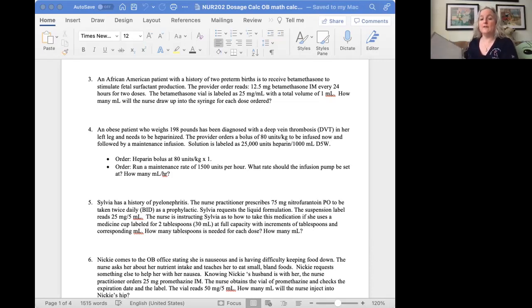And so the way that we're going to figure this is to find X mLs per hour. We want to use our milliliters of solution over units in the bag times the number of units ordered per hour.